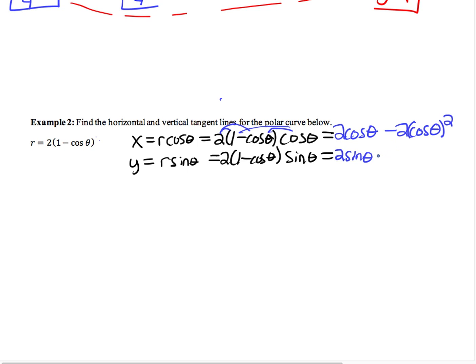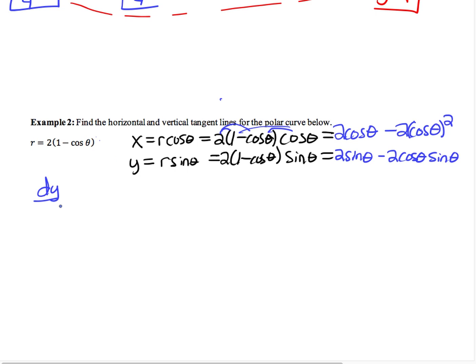And if you distribute down there, you're going to have minus 2 cosine theta sine theta. This is obviously the sine of double theta, if you know your identities well at all. But I think I'm going to leave that off this time. So I've kind of looked ahead and seen what was going to happen. If you wanted to use an identity, it might be a good thing to just try right now.